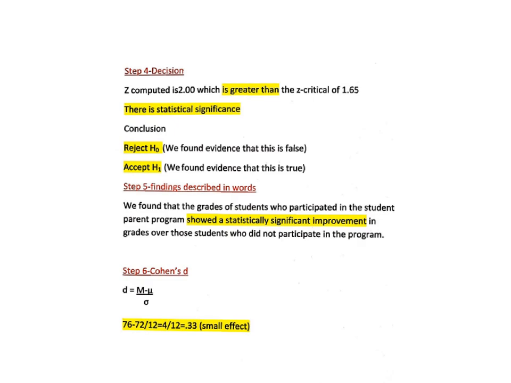And we accept the alternative hypothesis because they are doing better. Remember that the null hypothesis said that they would do worse or equal, and we found that that was false because they're actually doing better. So we reject, which means that the null hypothesis was false, and we accept the alternative.